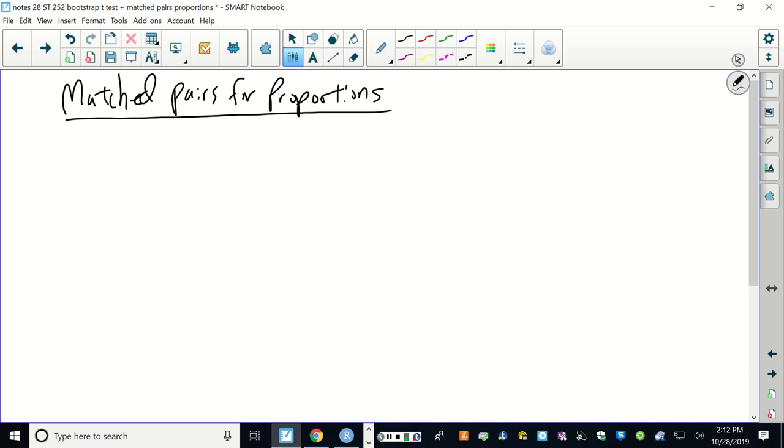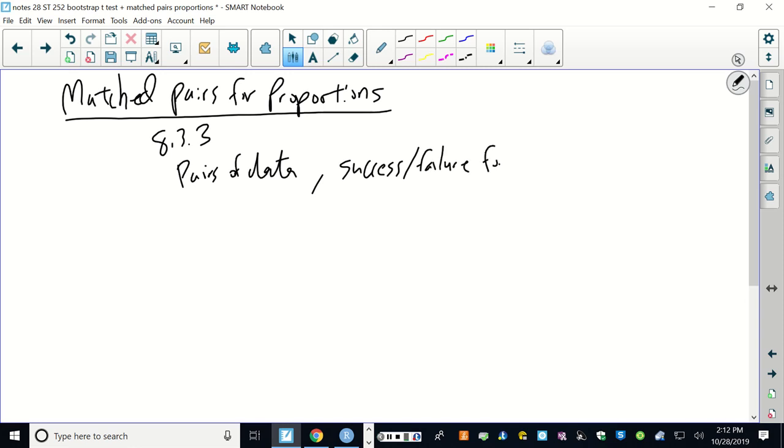But the matched pairs for, this is 8.3.3, two, so we have pairs of data. And we have success, failure for both. And the pairs have correlated outcomes. Not independent samples.